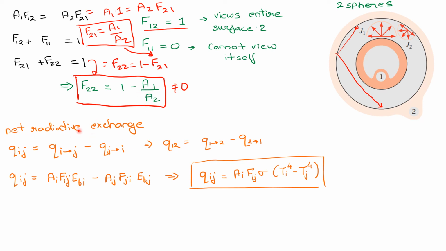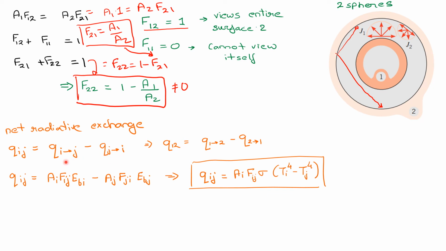Now what is the equation by which you can calculate the net radiation exchange? Okay, so let's look at how much heat transfer takes place between i and j. So Qij will be equal to the heat transferred from i to j minus the heat transferred from j to i.